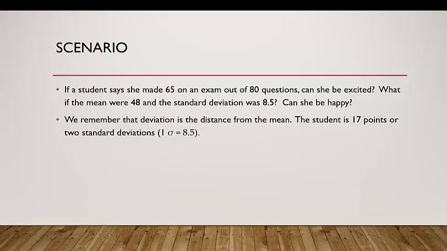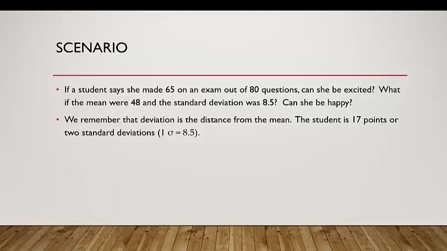So what we can remember is the standard deviation, and we're going to quickly review that in a minute, is the distance from the mean. So if the standard deviation in these test scores was 8.5, the student got 65 and the mean was 48, she's 17 points above the mean, or 2 standard deviations.